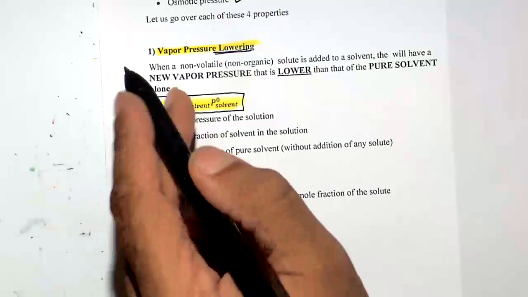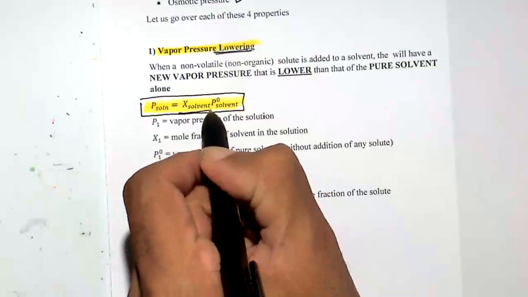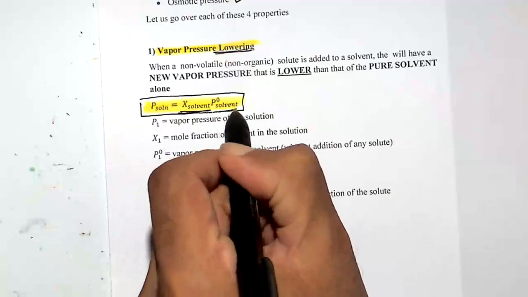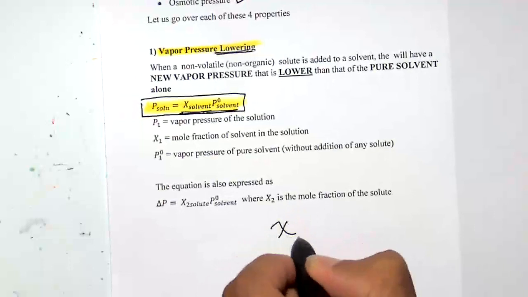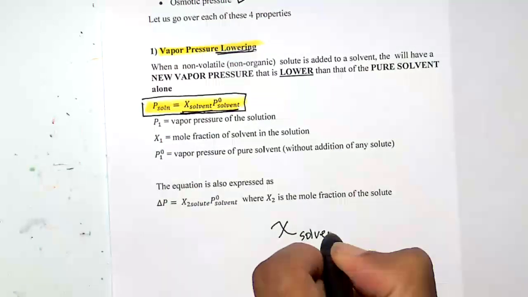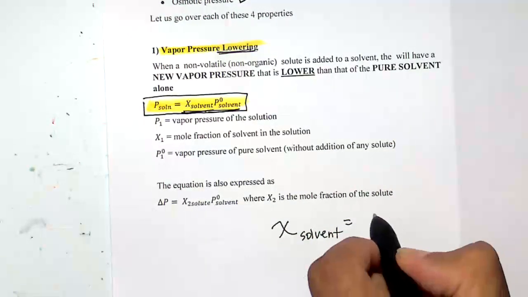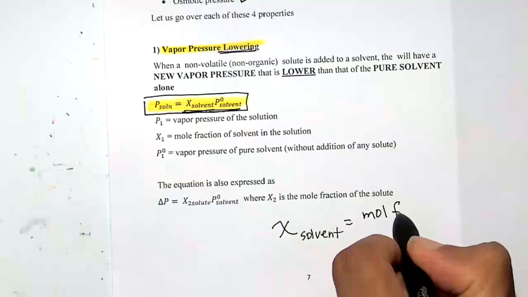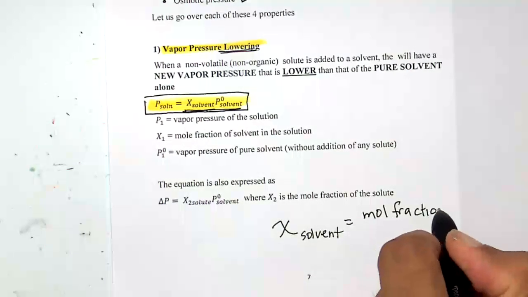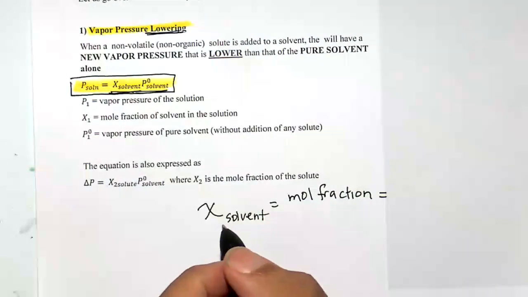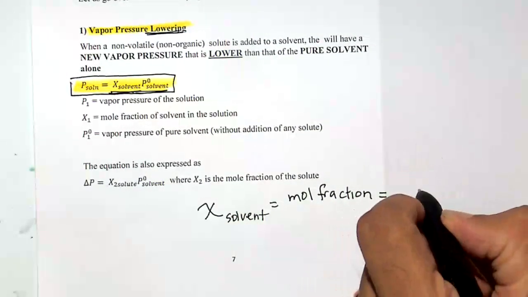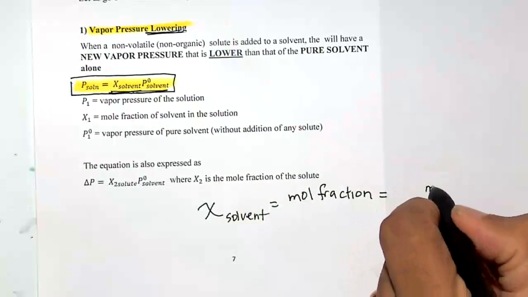So the new vapor pressure of the solution is going to be the mole fraction of the solvent times the vapor pressure of the solvent alone. So let's write this down here. This is mole fraction, that little cursive X means mole fraction. Mole fraction of the solvent.